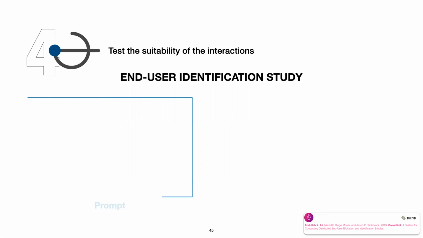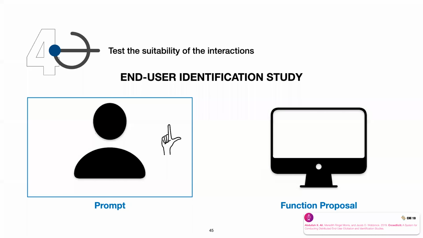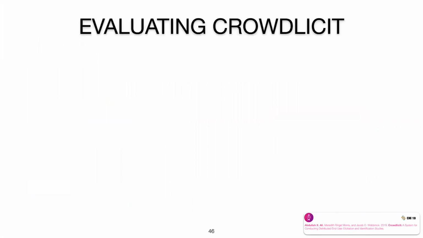So basically, we get participants, and we prompt them with an action. We show them, for example, a gesture, and then we ask them to propose what function they think would be triggered in the system. So it has the same setup as an elicitation study, just what the users propose is flipped.